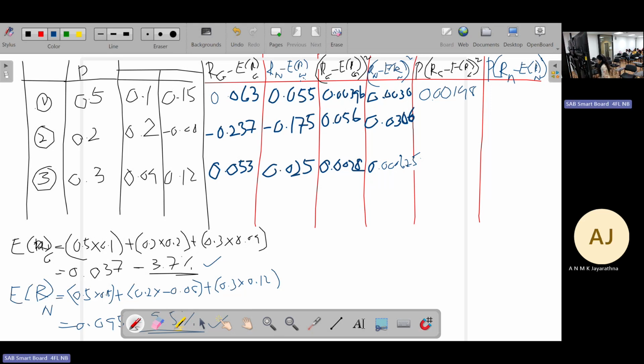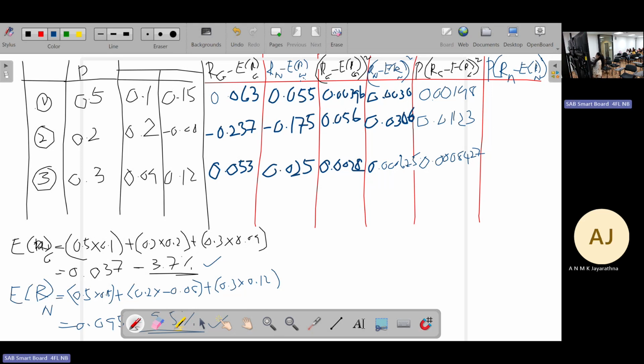Then 0.011, 0.0023 or 24. Third one 0.000842. Okay.